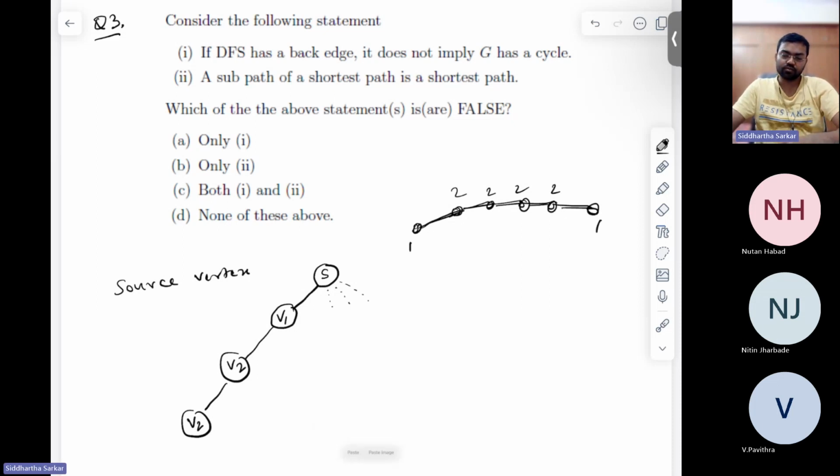Or if it so happens that it has a neighbor, but that neighbor is already visited, then you have a back edge. So does it imply that if you encounter a back edge during the DFS traversal, G has a cycle? What do you think?